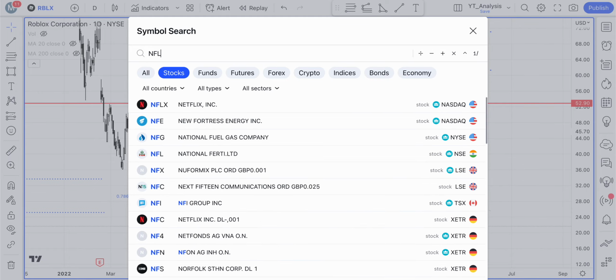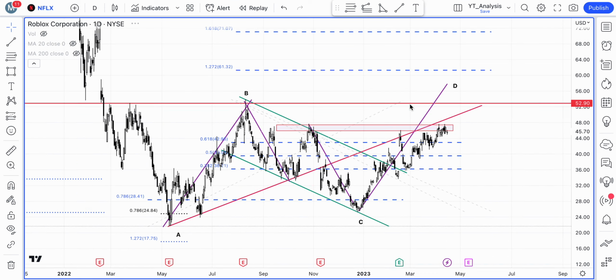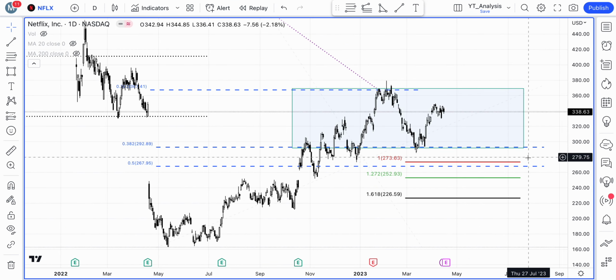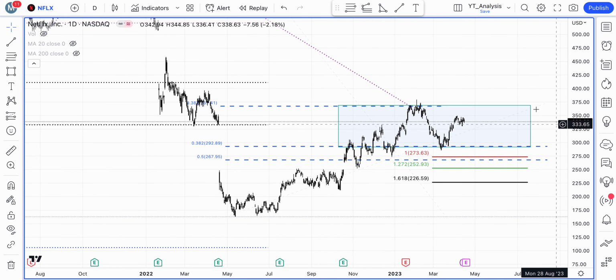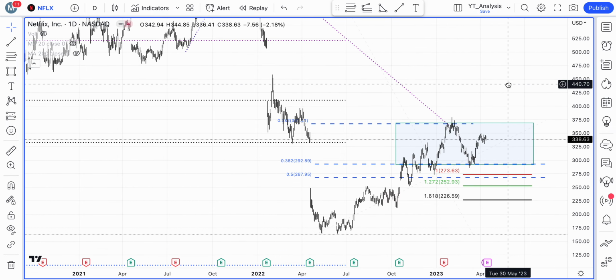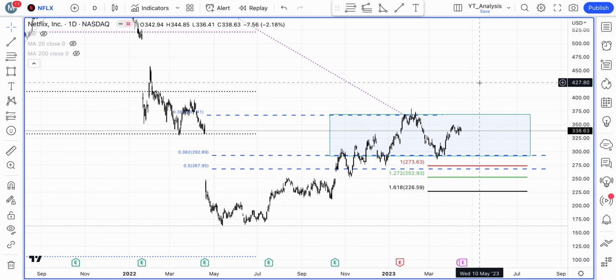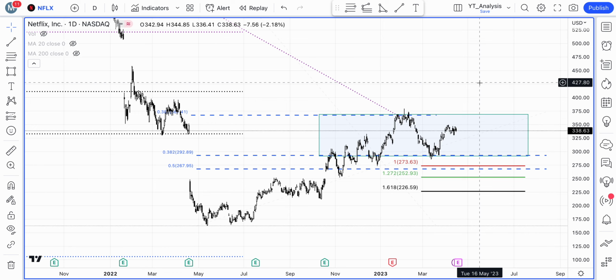RBLX. Let's take a look at Netflix. So guys, I think now we will also include one more stock, which is Netflix, and we will try to watch this on a daily basis, what the price is doing.